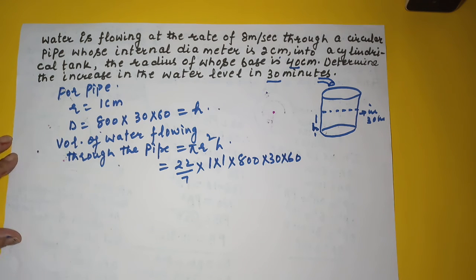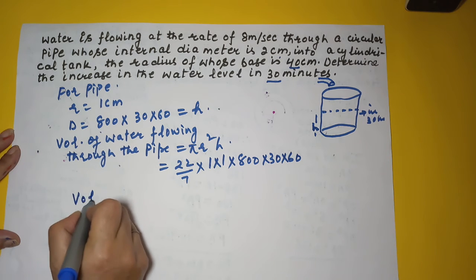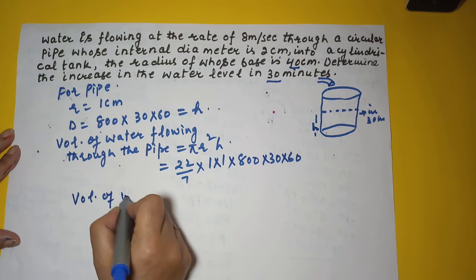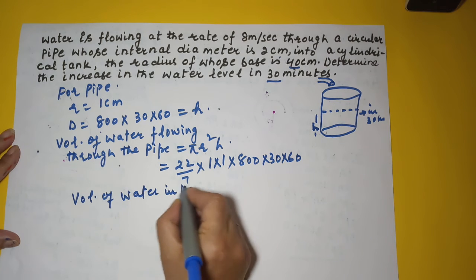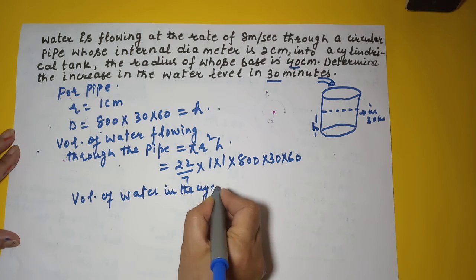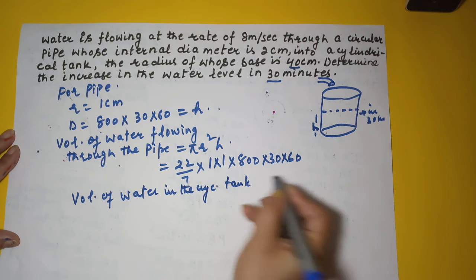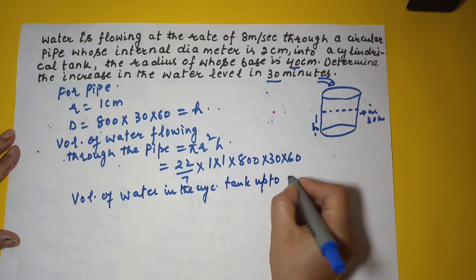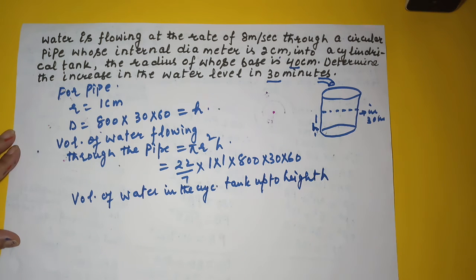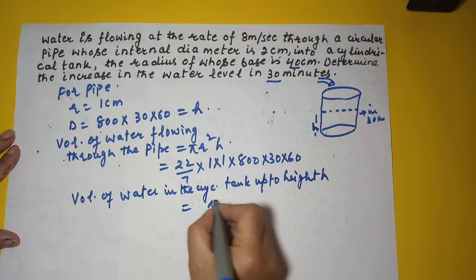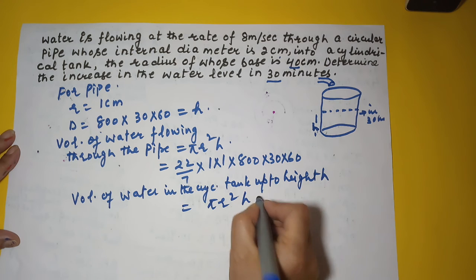Now let me calculate the volume of water in the cylindrical tank up to height h. That we don't have, that we have to calculate, is equal to pi r square into h.